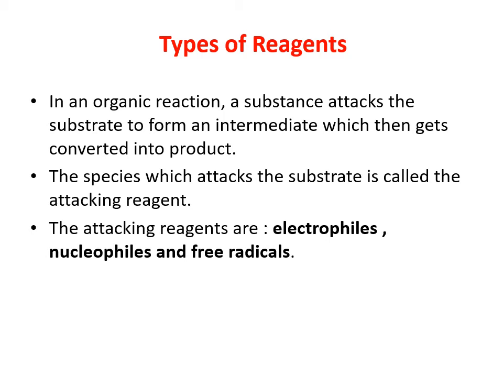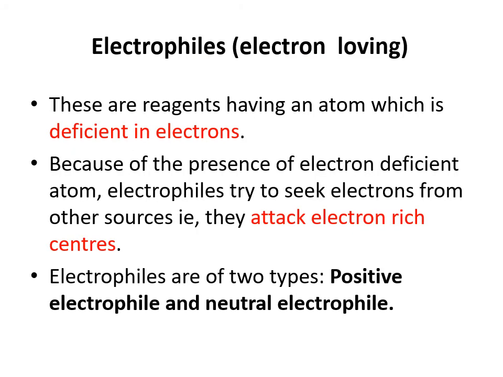And in organic reaction, a substance attacks the substrate or reactant to form an intermediate which then gets converted into product. The species which attacks the substrate is known as the attacking reagent, and that can be an electrophile, electron deficient, nucleophiles, nucleus loving or electron rich species, and free radicals. Electrophiles are usually deficient in electrons. They try to seek electron-rich centers.